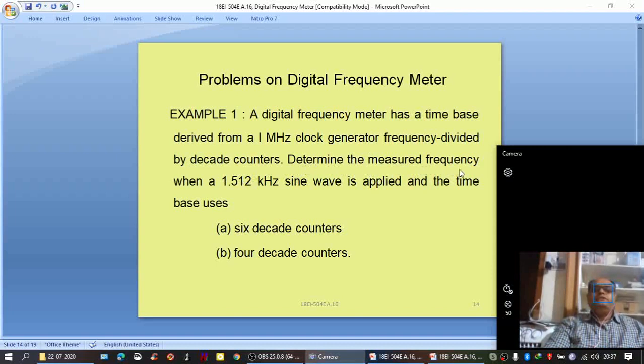Determine the measured frequency when a 1.512 kilohertz sine wave is applied and the time base uses 6 decade counters in the first case and 4 decade counters in the second case.